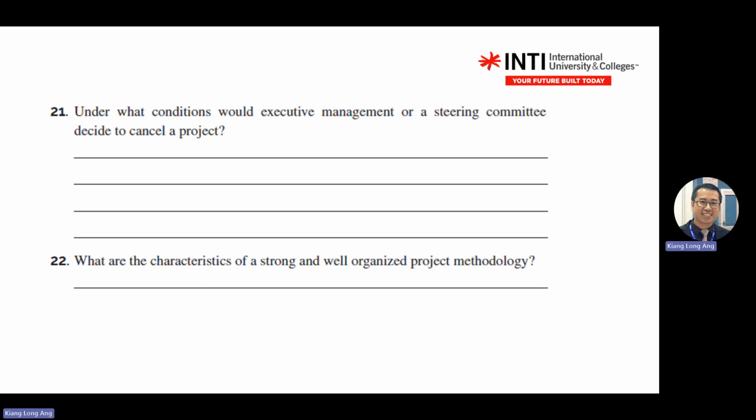Okay, cost. What else? Okay, it involves cost. Then what else? You talk about money.